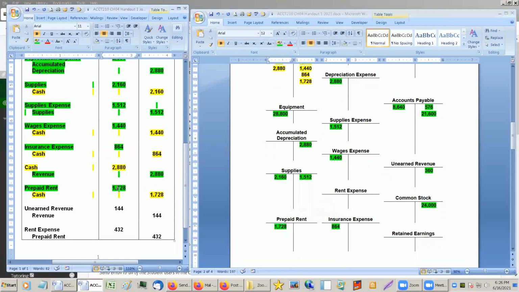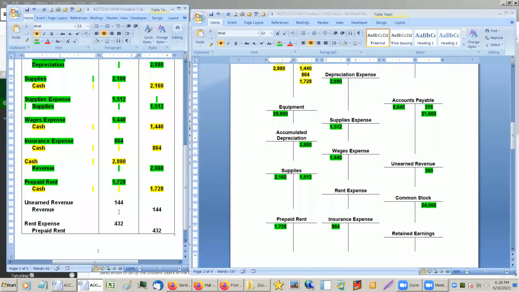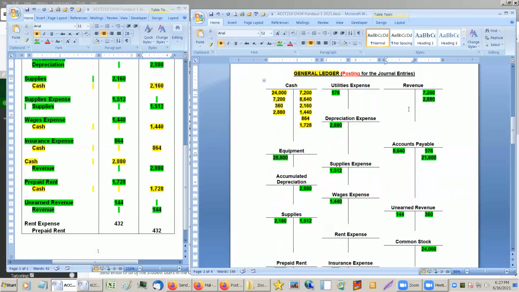Okay, now prepaid rent is rent we paid ahead of time, and it's an asset. Down here, we earned some of these revenues, the unearned revenues. We've earned some of them now. So we're going to take them out of the unearned revenue and put them into the regular revenue.